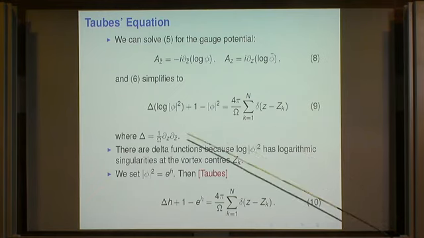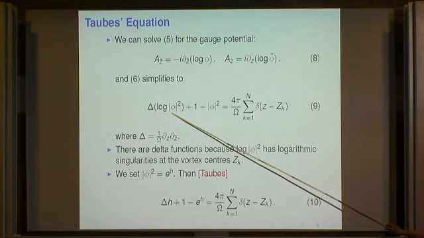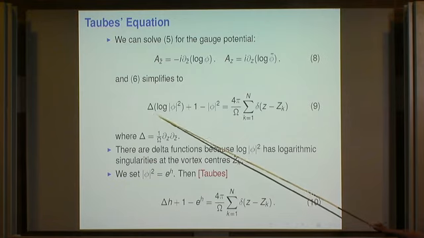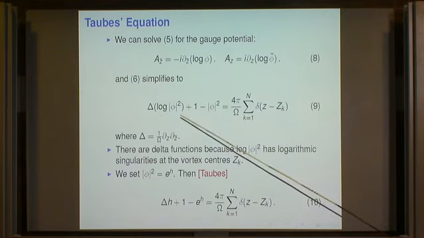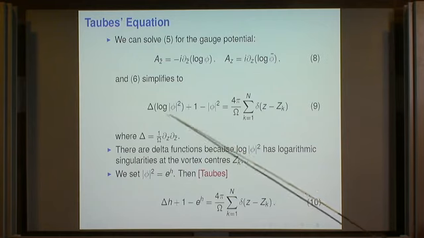But in this formulation, because phi vanishes, log mod phi squared has logarithmic singularities, and when you take the Laplacian of that, you get a delta function. So assuming that phi has zeros at these points, capital Z, you get delta function sources for this field.